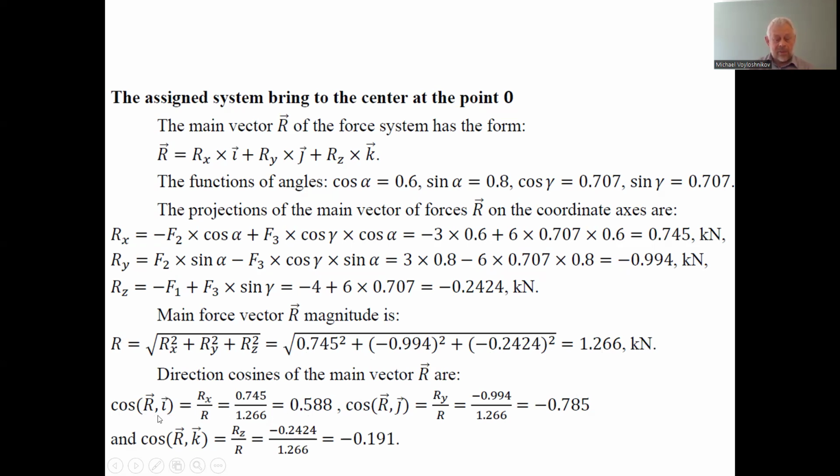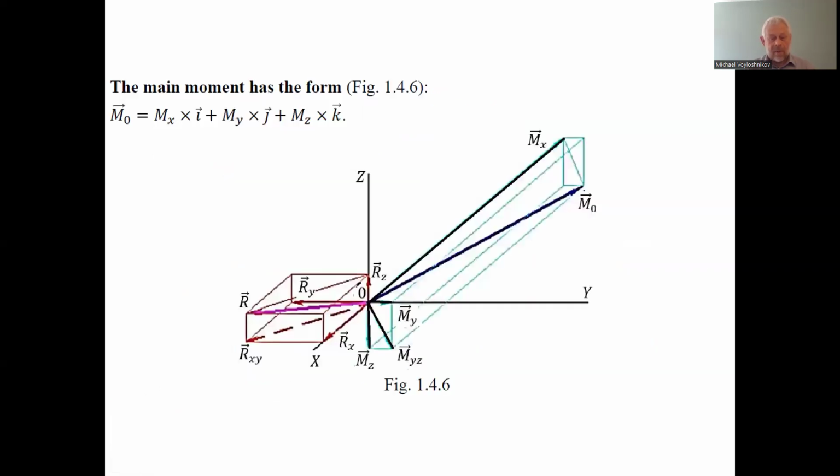The cosine between the main force and the abscissa axis is 0.588, and the cosine between the resultant force and the ordinate axis is minus 0.785, and the cosine between the resultant force and the z-axis is minus 0.191.